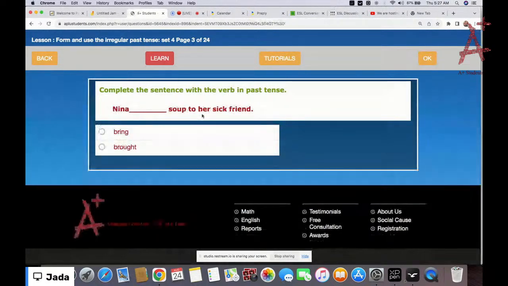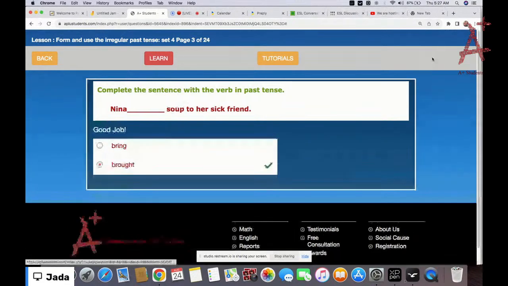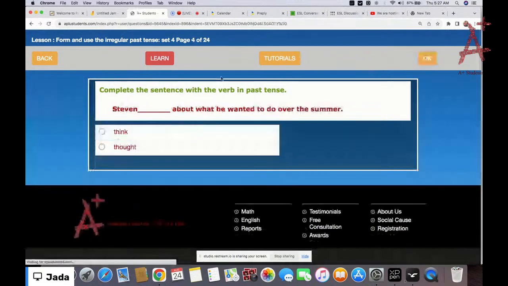Nina dashed soup to her sick friend. Nina what? Dashed soup to her sick friend. Is it bring or brought? Brought or bring? Is it bring or brought? So brought. Stephen dashed about what he wanted to do over the summer.